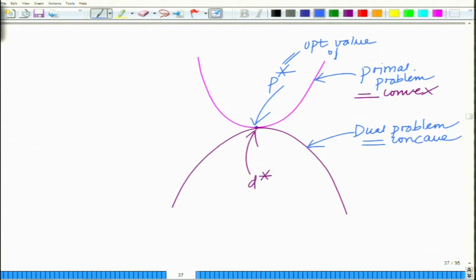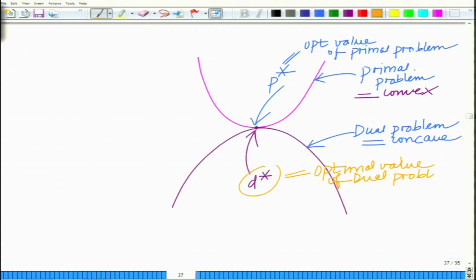This is the optimal value of the primal problem, and this is the optimal value of the dual problem.